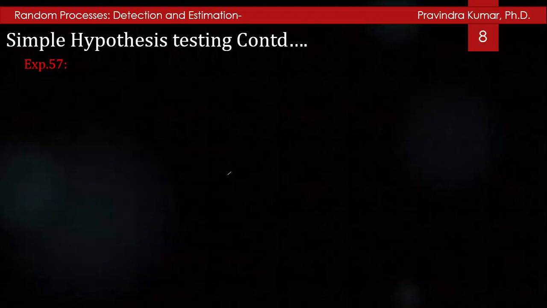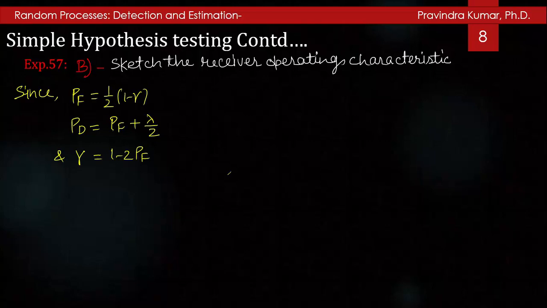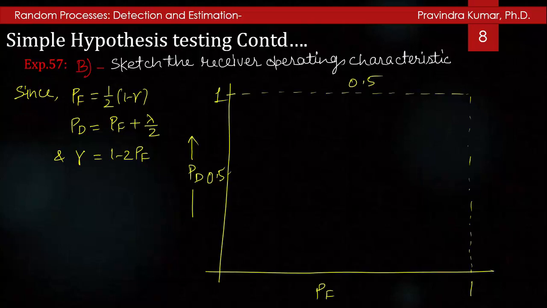Now sketch the ROC here. PF is 1/2 (1 minus gamma), and PD is PF plus lambda by 2, and gamma is 1 minus 2 PF. So sketch between PF and PD. You can see here when lambda is equal to 0, this will be the 45-degree line, and when lambda is equal to 1, PF and PD are 0.5.